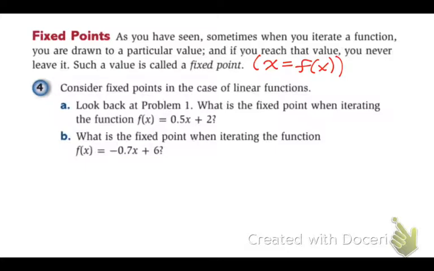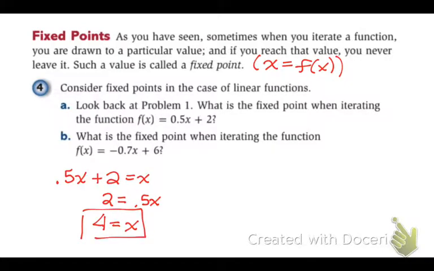So for a, we saw that the previous fixed point was at 4, so I would take the function rule, 0.5x plus 2, and set it equal to x, because that's where y is going to be equal to x. I can subtract 0.5x from both sides, so 2 is going to be equal to 0.5x. I would divide both sides by a half, so 2 divided by a half is going to be equal to 4, and there's your fixed point.